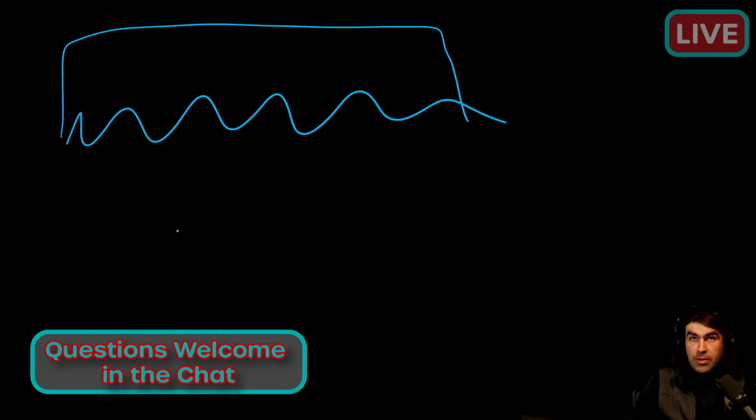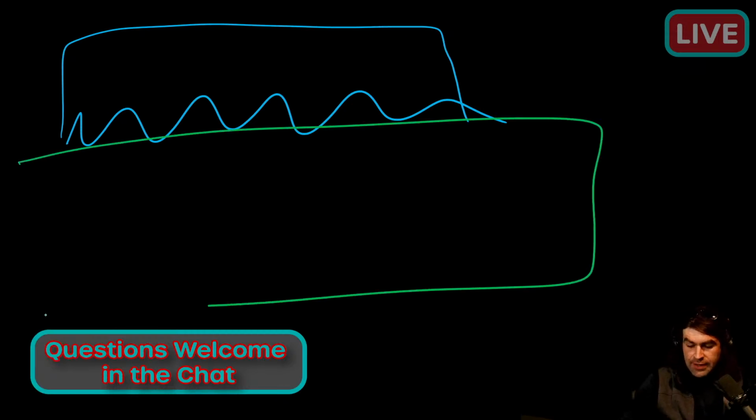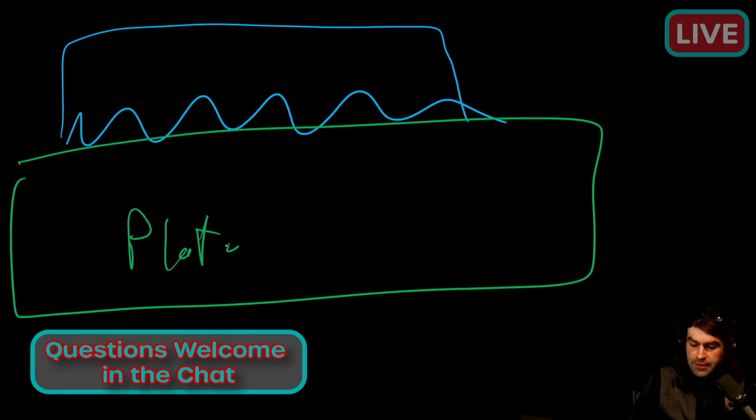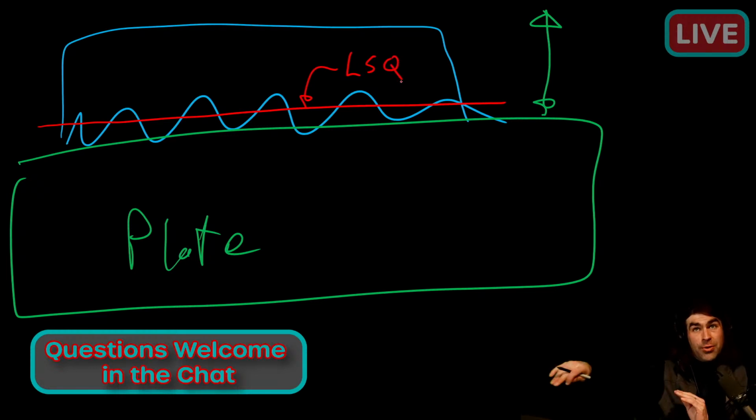Say you've got a part, and the way you would normally inspect it, you'd put it on a surface plate and then measure from the surface plate, right? When you tell Calypso or Pisademus to do least square, it's going to do this. It's going to strike a plane through the middle.